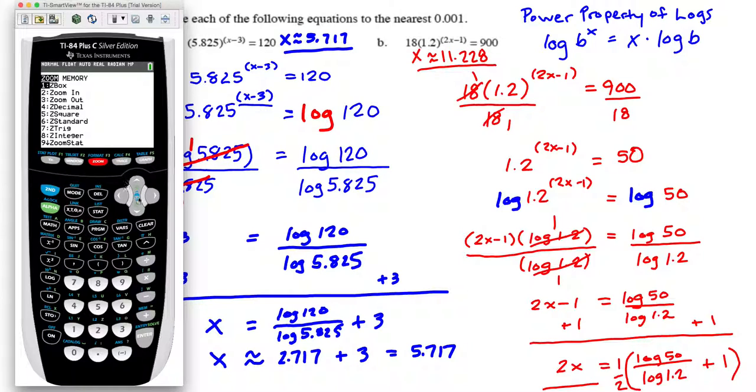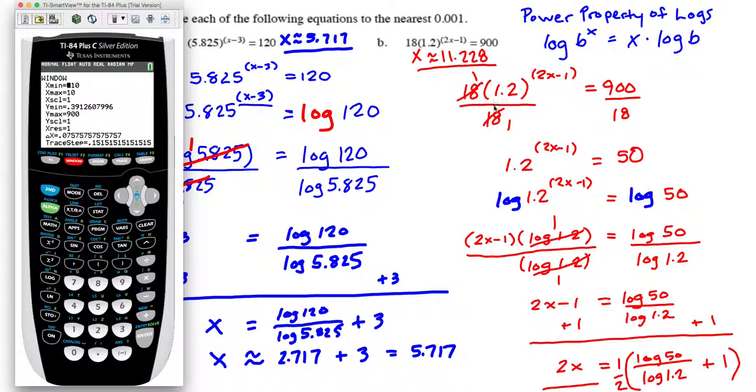Let's see if a zoom fit will work on this one. There it goes up, and it actually isn't even going to hit yet. So this is what we'll do, just adjust our window.